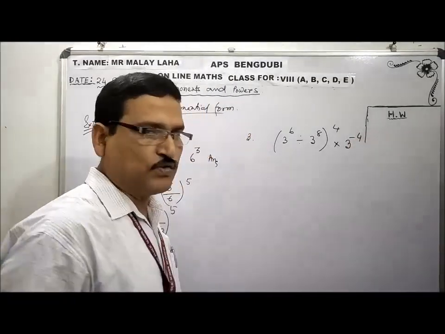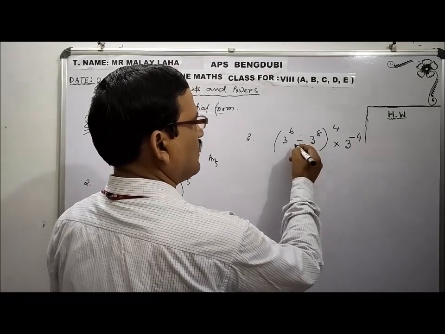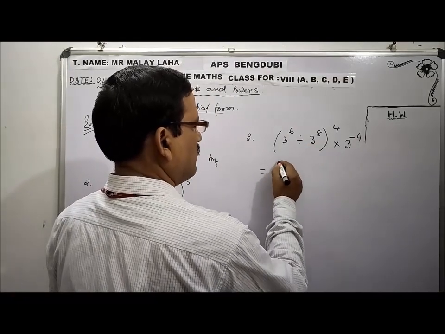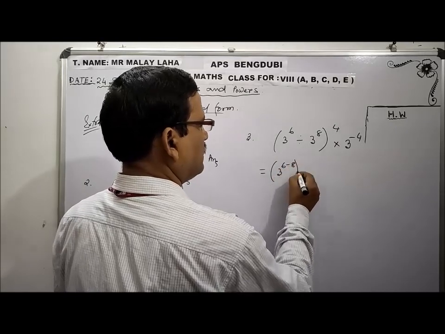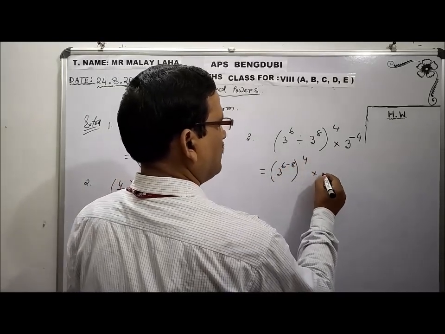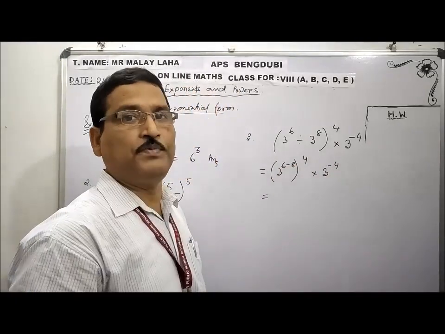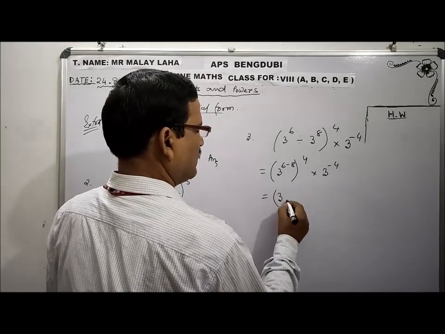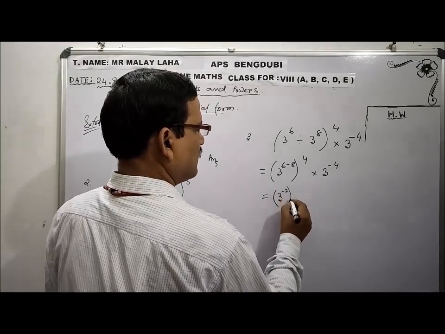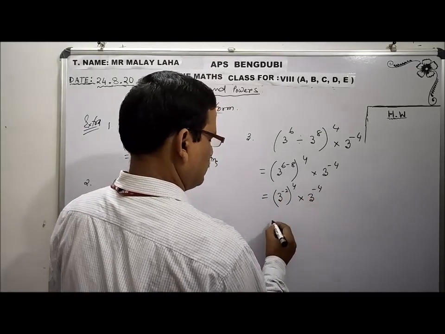So stepwise we will solve. Don't be confused. These two numbers are in division form. So 3 raised to 6 minus 8, raised to 4, multiplied by 3 raised to minus 4. Your result will be in exponential form. So the result is 3 raised to minus 2, raised to 4, multiplied by 3 raised to minus 4.